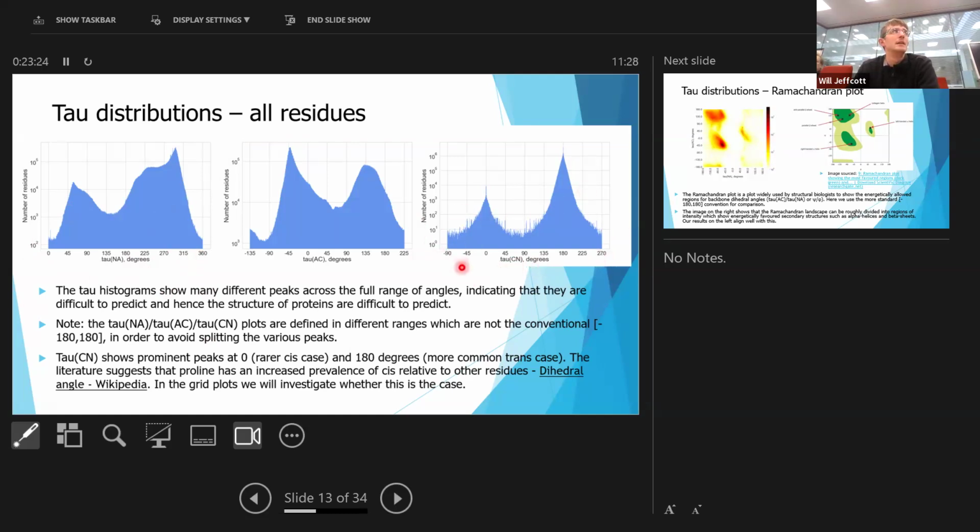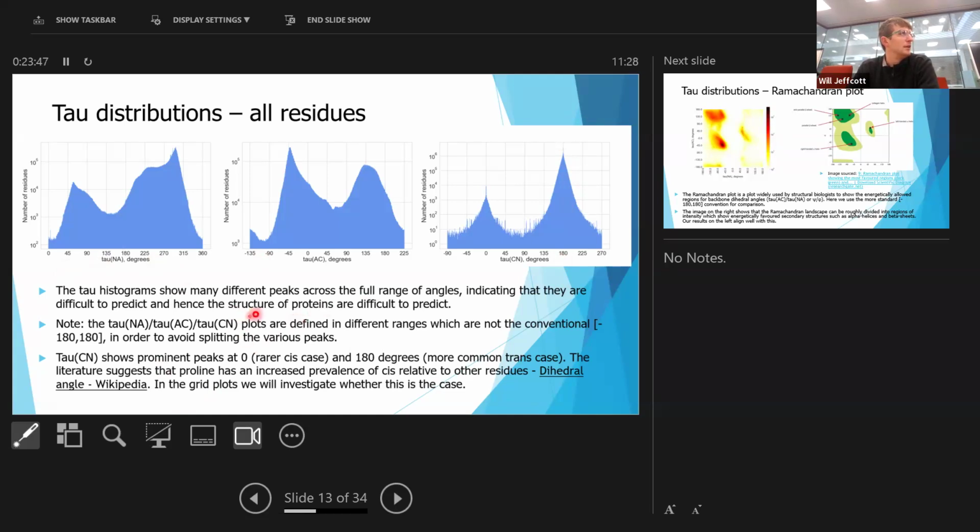If we plotted minus 180 to 180, we'd be splitting the large 180 peak in half, which doesn't make it look as significant. So we've taken ranges that don't intersect with the peaks.